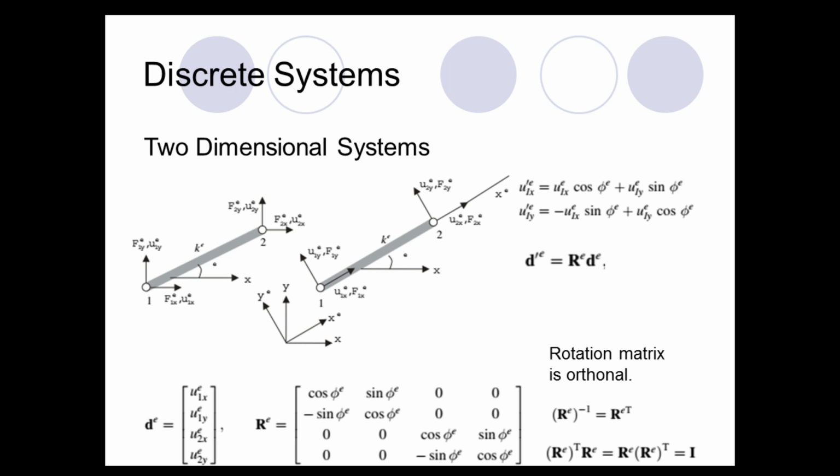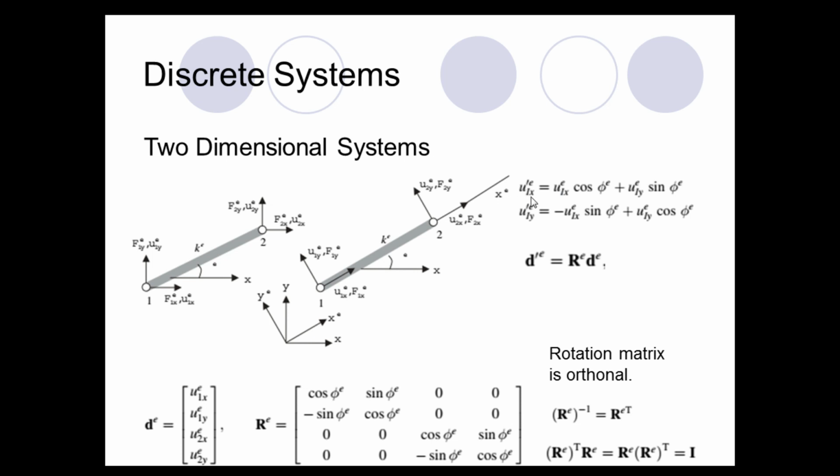So we will rotate this system to the global coordinate system which we devised. This is our global coordinate system x and y, and xe and ye is the local coordinate system which is attached to the element. And we want to write everything in the global system also in an element-wise manner.